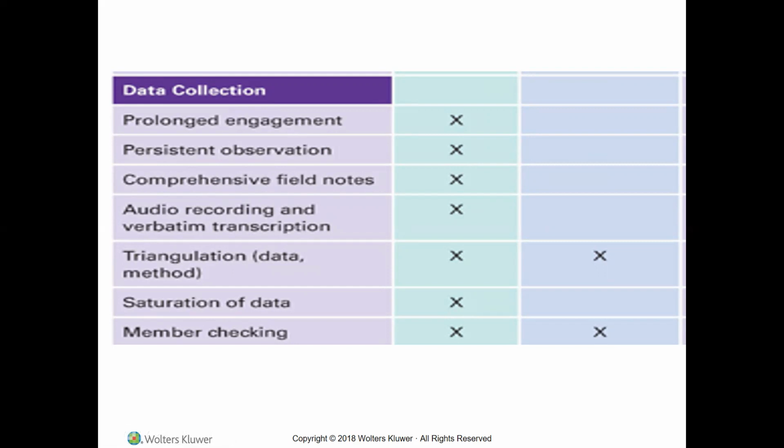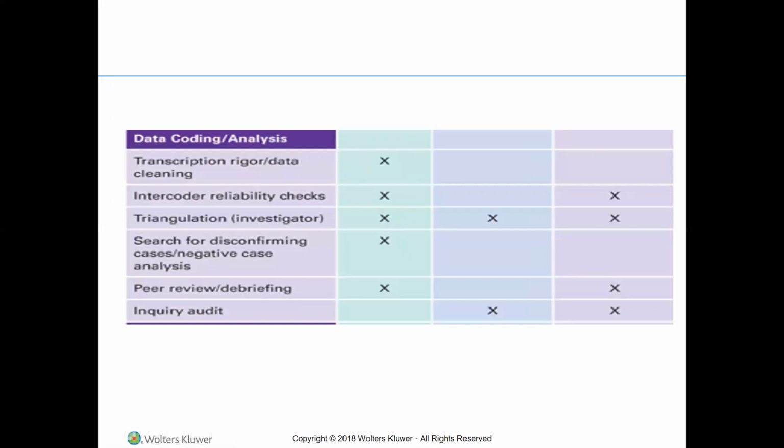In this study, we had audio recording and verbatim transcription. I didn't see where they talked about saturation of data or member checking. These 3 are very commonly used, as is persistent observation. When data is coded, they look back and have different people check and code and recode, and get together.